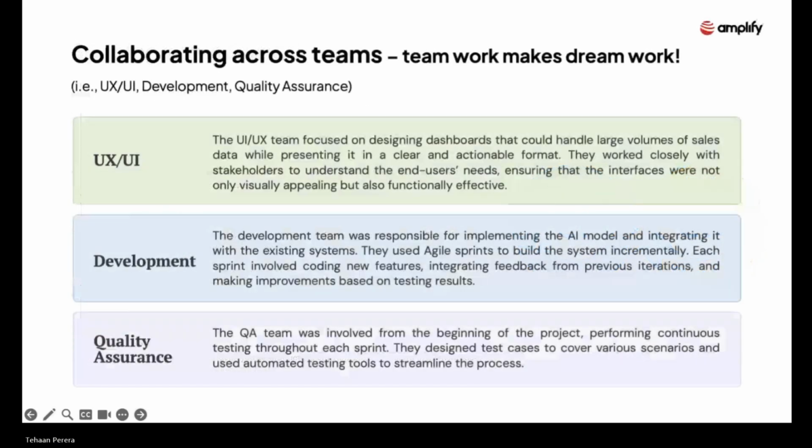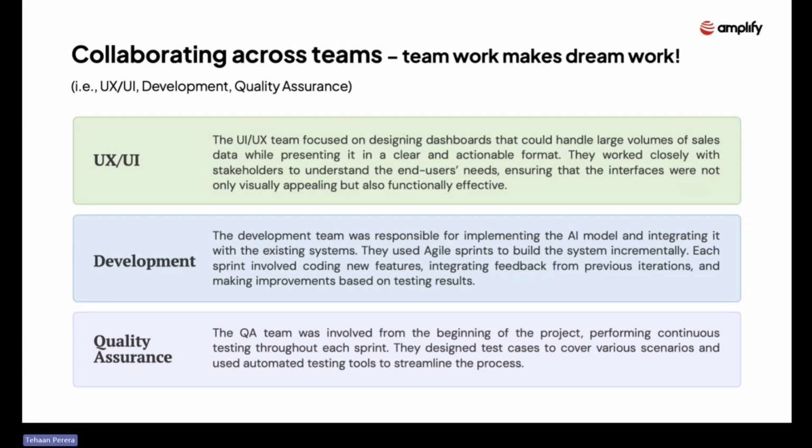Now let us talk about how, during the course of the development of software, different teams communicate with each other to make sure we deliver the best possible product to the client. So when I say teams, you know that in IT or in Agile rather, there are various roles.